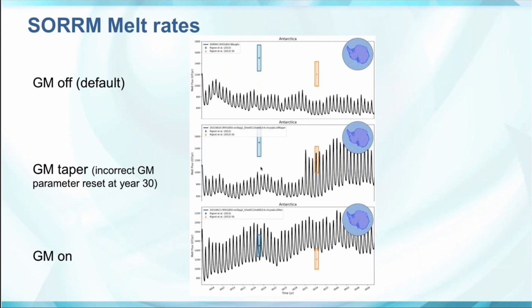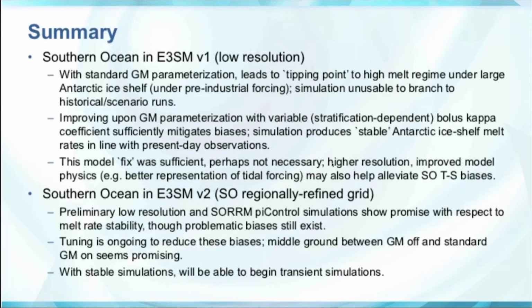And with the GM taper, things are looking a bit more stable and closer to observations. So I'll just point out a hiccup in this run: there was an incorrect parameter set around year 30 that was then fixed. So that's why there's this jump. But if we look at the last 20 years here, they're much more in line with observations.